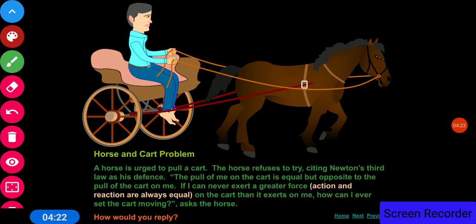He is saying that according to Newton's law, every force has an equal and opposite reaction. So the force by which I pull the cart will also pull me in the backward direction. Then how is it possible for me to pull the cart? So let us educate the horse on how he will be able to pull the cart.